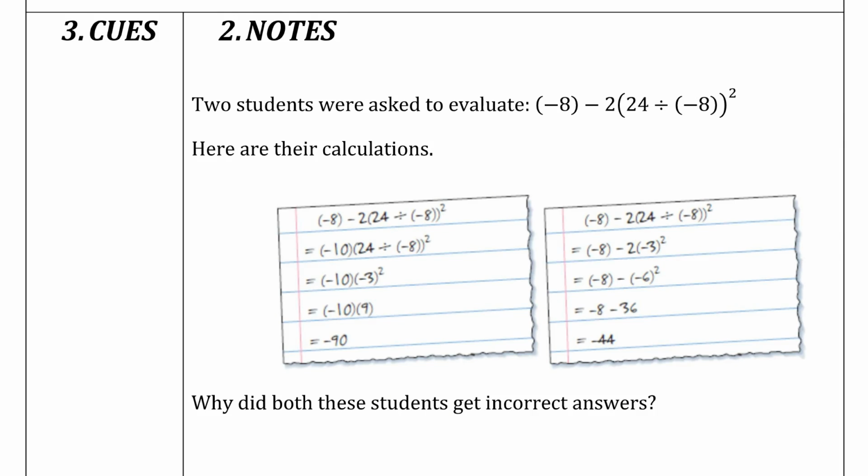So, 2 students were asked to evaluate -8 minus 2 times 4 divided by -8 squared. Here are their 2 calculations. Why did both of these students get incorrect answers?